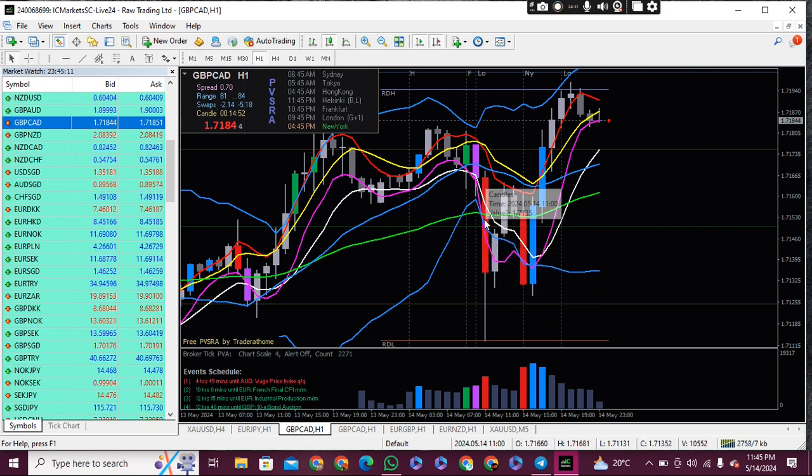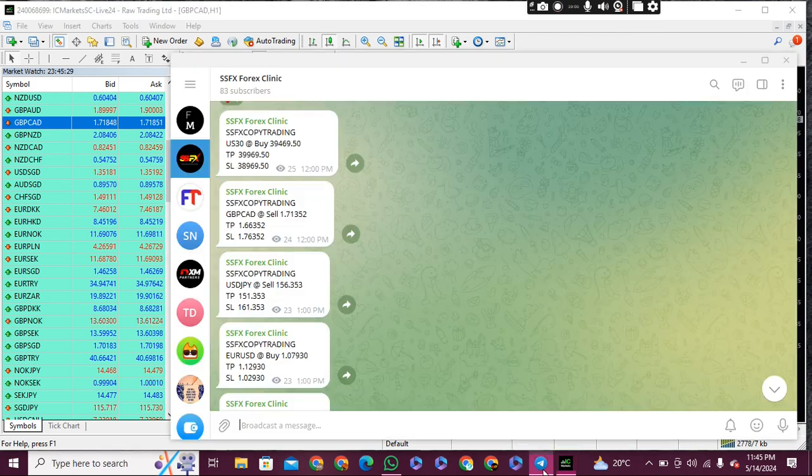As much as we have a signal, we would still not have gotten into that order because, as you can see, we had a clear extreme level here, meaning there was a high likelihood of a reversal. So that's why you should not just get into a trade just because a signal has been sent.